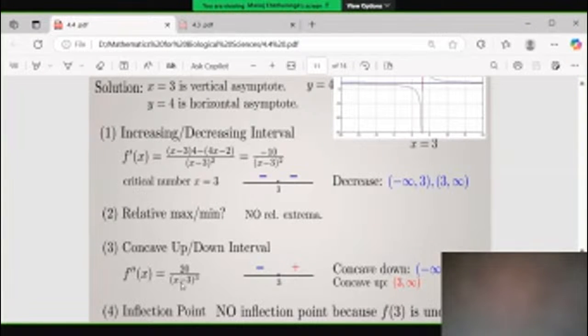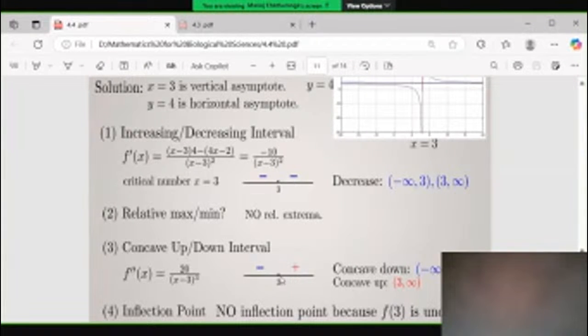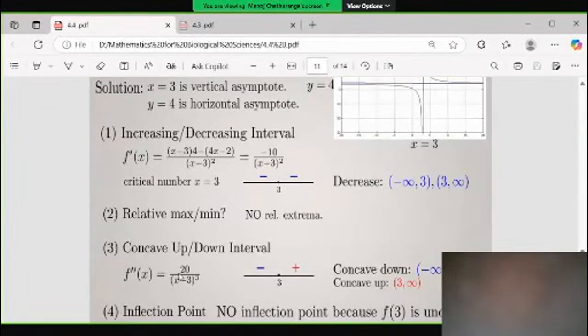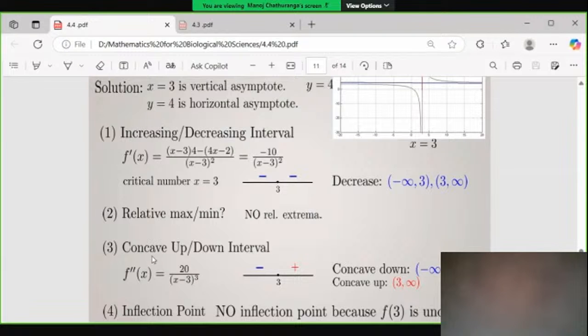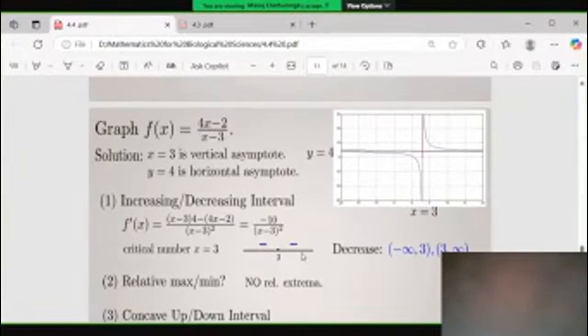So for numbers below 3, this third power is negative, and as a result, this whole thing is negative. For numbers above 3, like 5 or 7, whatever, this third power is positive and the second derivative is always positive. So it is concave down for numbers below 3 and it is concave up for numbers above 3.